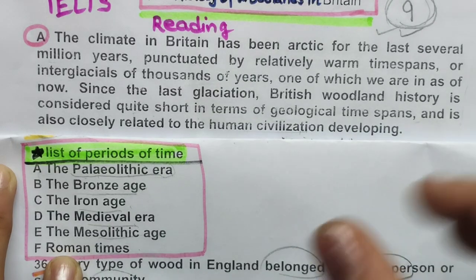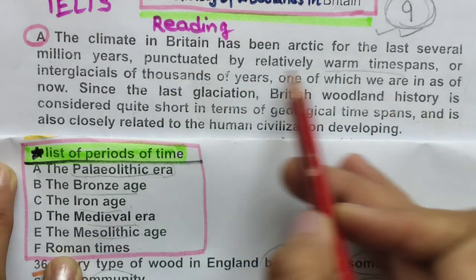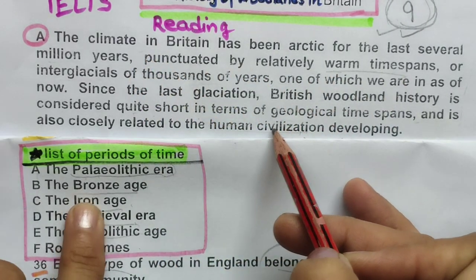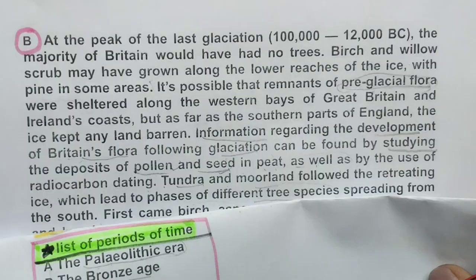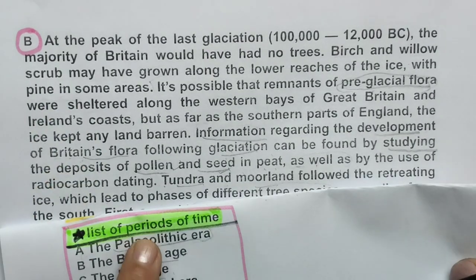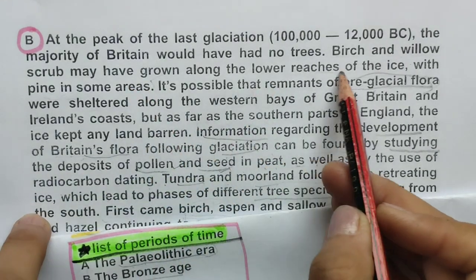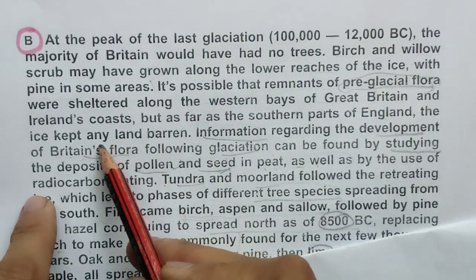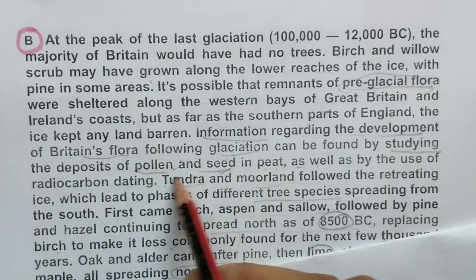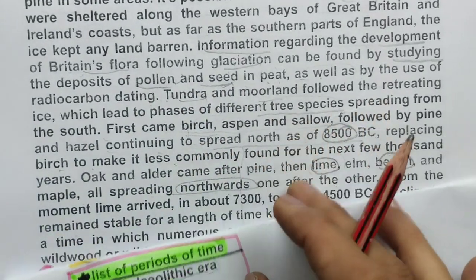So let's do it. In the first paragraph, I can't see any such word. Now I have opened paragraph B. We are looking for these ages, eras and these things, so your pencil should move like that. In this also nothing is there.